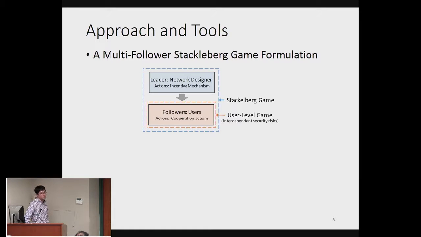But different from a conventional Stackelberg game, the users are not only playing best response to the leader's move, which is the network designer's move, but also they're playing another game among themselves because of the interdependent security risk. So here we are really solving two coupled games at different levels.